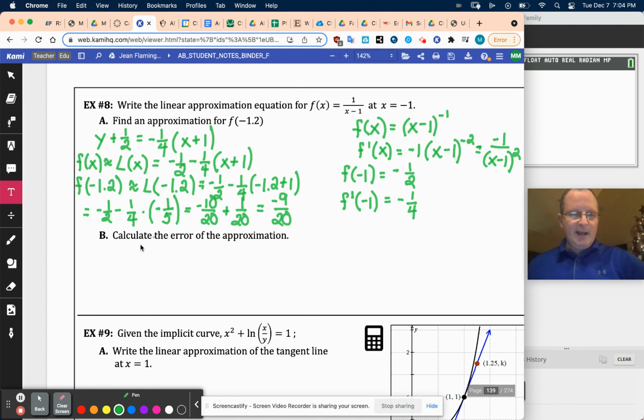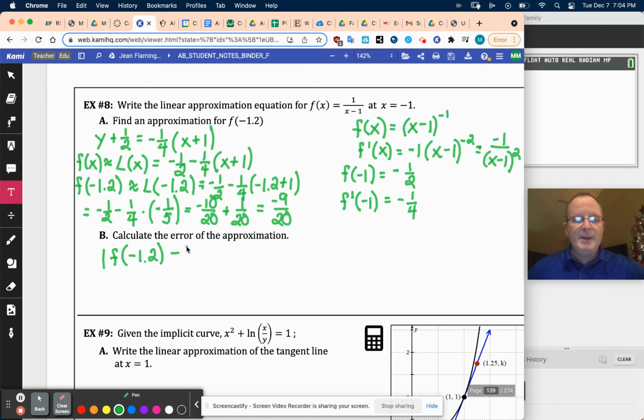All right, so then calculating the error, the error is going to be the absolute value of the actual function value. So f of, and I'm going to use the calculator on this part, f of negative 1.2. It doesn't matter which one you put first. I typically just put that one first.